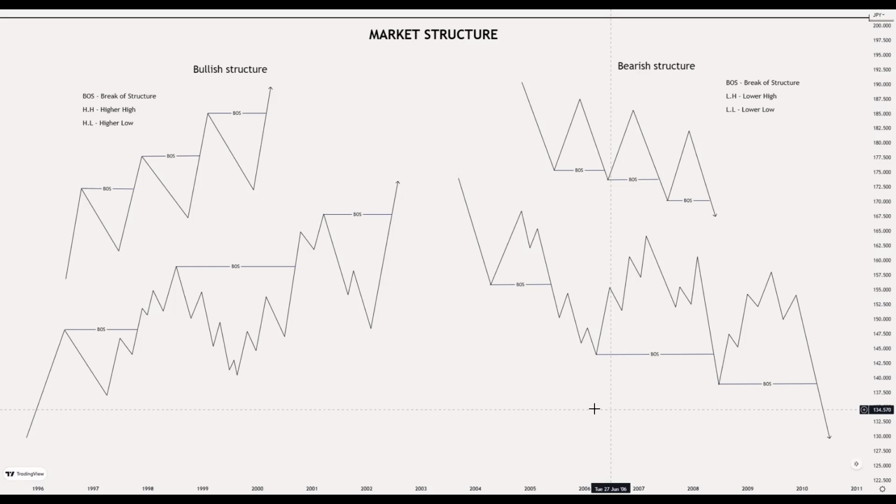Whatever way of trading you're currently using, I can assure you this is going to boost your way of trading, because market structure is not a strategy. It's just understanding the foundation of how the market moves.